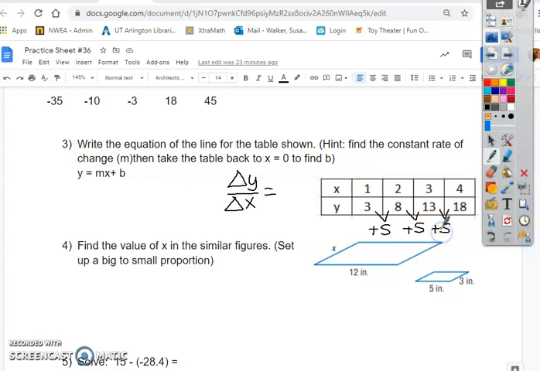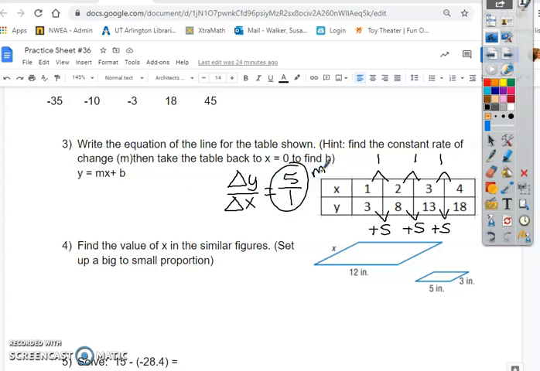Do you remember that that 5 is the change in y? That goes on top. And then delta x, that one's always easy. Each of these is changing by 1. So this is your m.